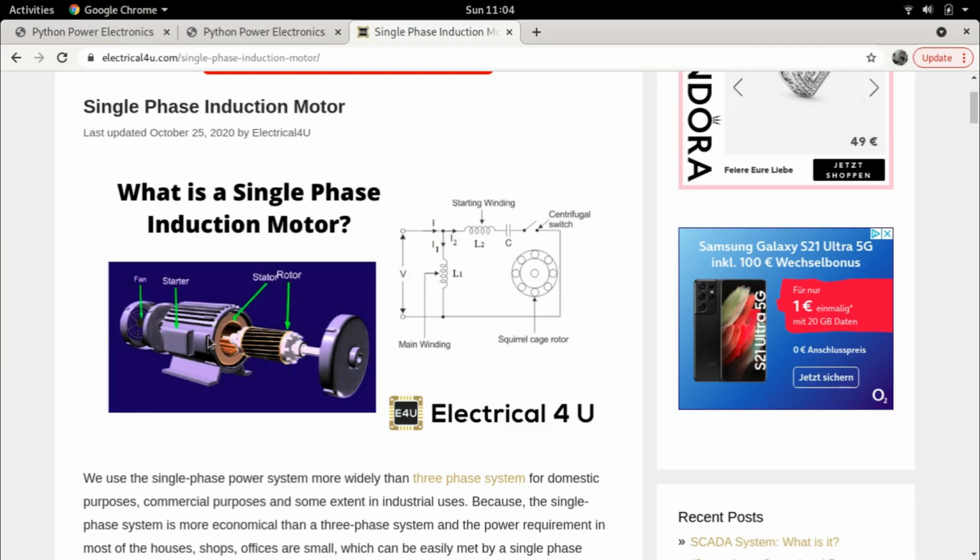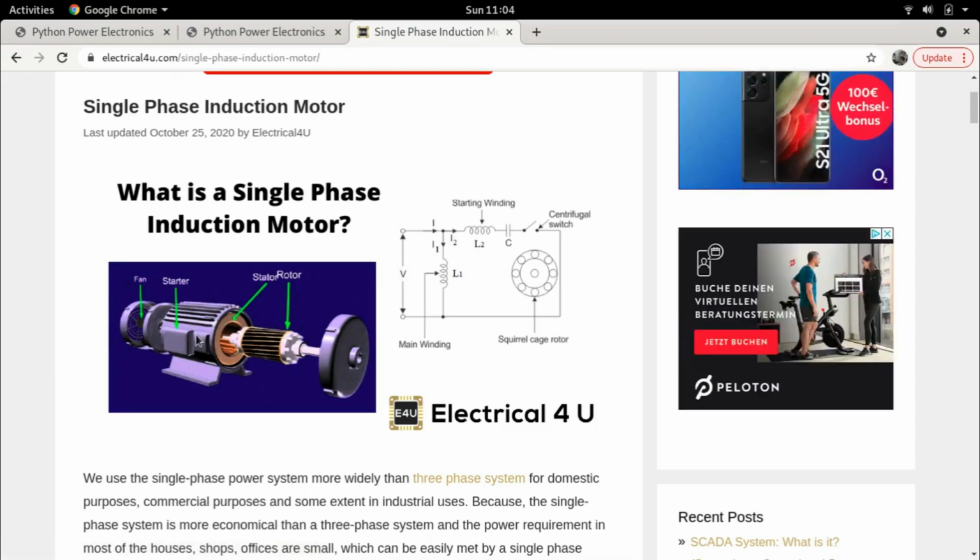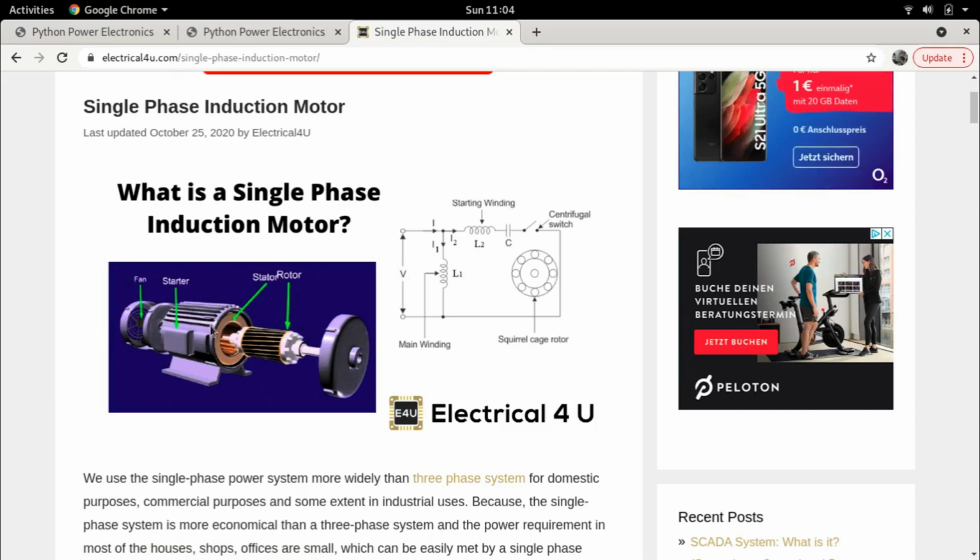Now let's try to figure out what else is happening. We are applying a voltage. As I said, these are stator windings, so voltage is applied to the stator and current will flow in the stator. This current which flows in the stator produces a magnetic field.